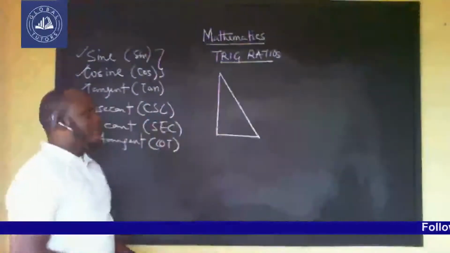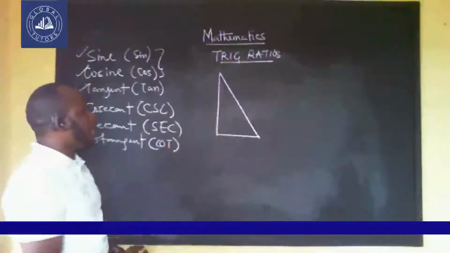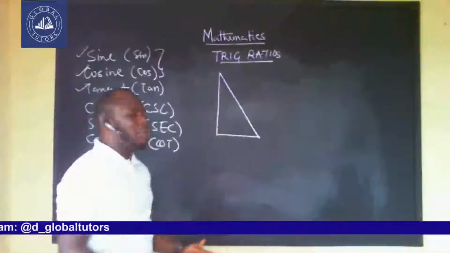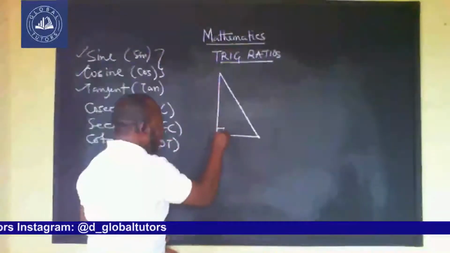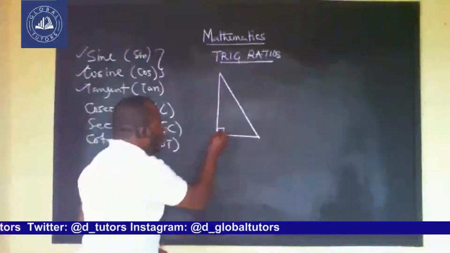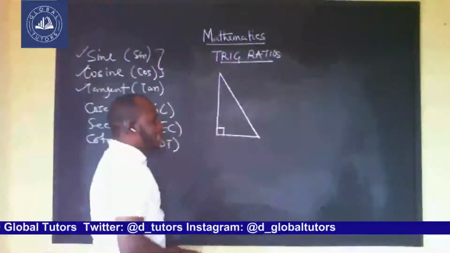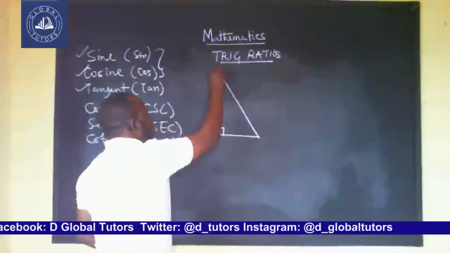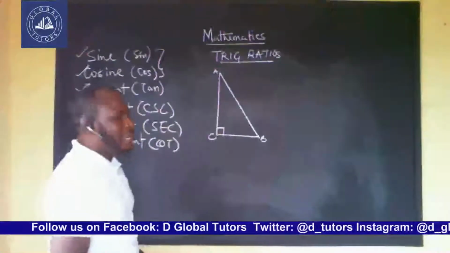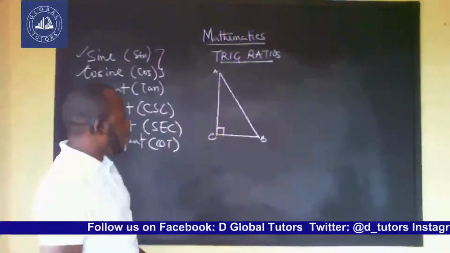Now, we have to define what is a right angle triangle. A right angle triangle is a triangle whose one angle is 90 degrees. Now, one angle here is 90 degrees. That makes this triangle A, B, and C to be a right angle triangle.